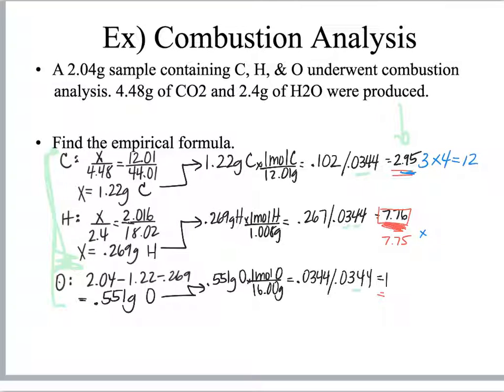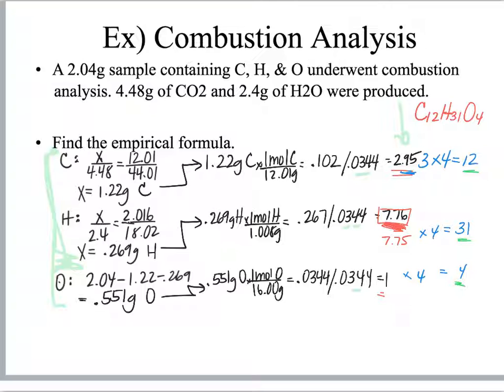The 7.75 would get multiplied by 4 and get 31. And the 1 would multiply by 4 to get 4. So those are actually going to be the subscripts of the empirical formula in your answer. So the empirical formula for this particular compound would be C12H31O4.